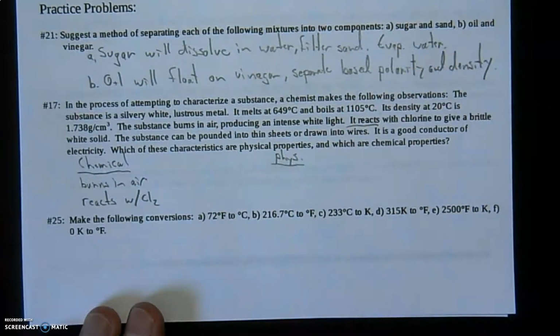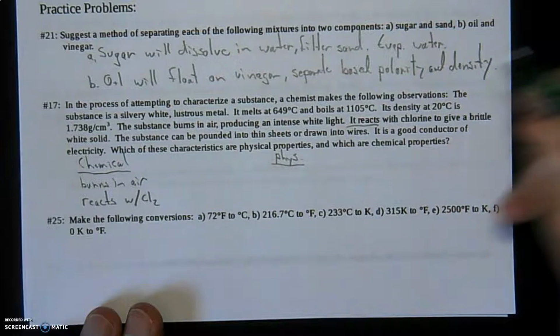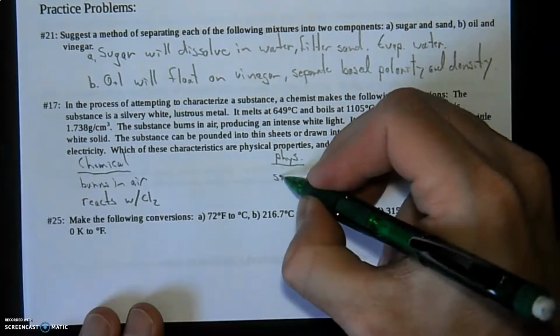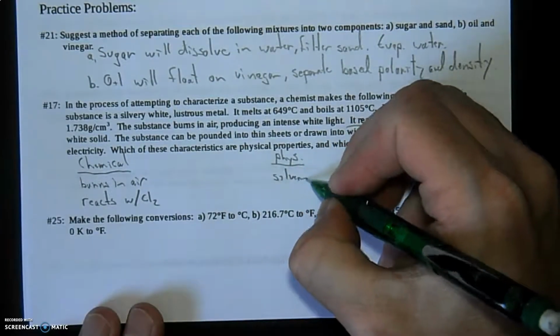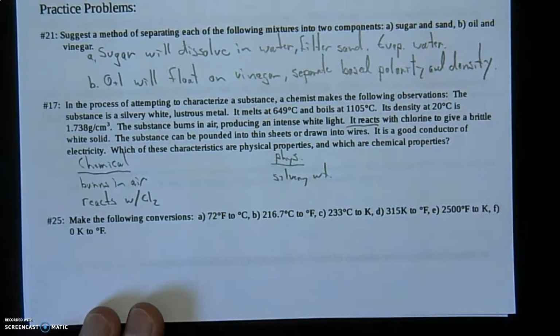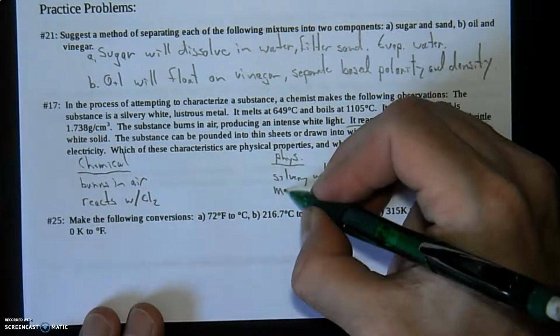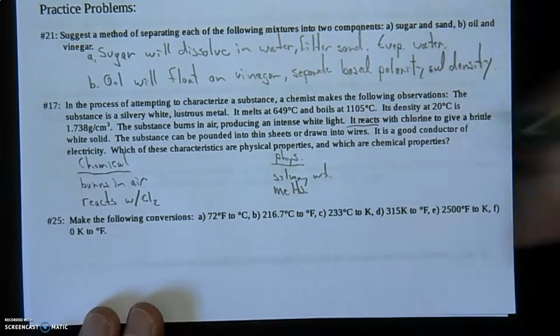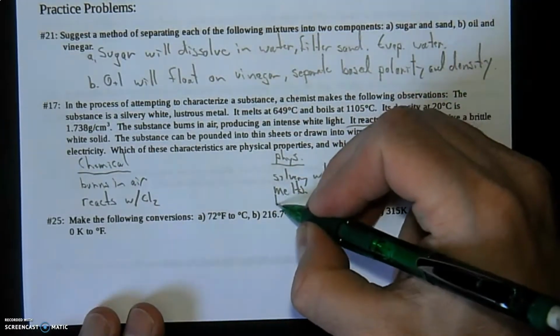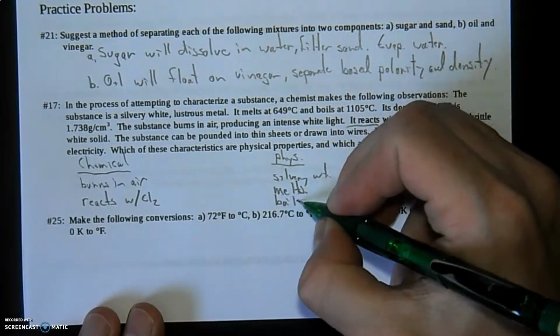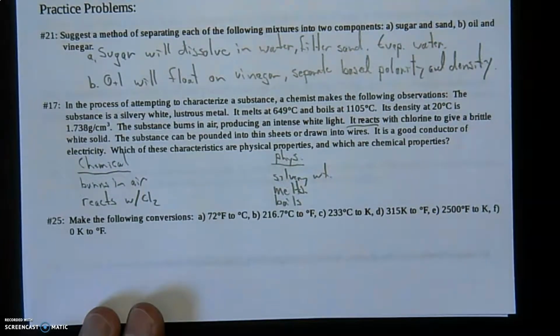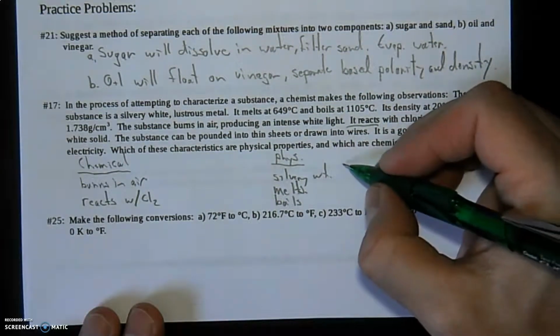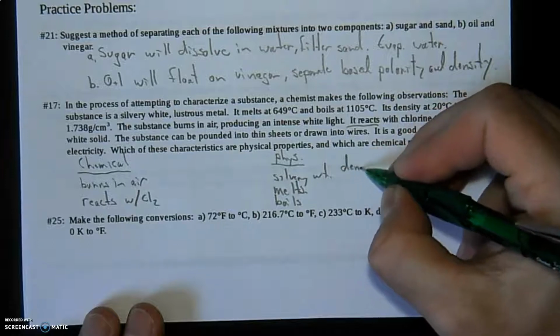And if we want to take a look at these and say, okay, which ones would that be? Well, it's silvery white. All right. It melts. I'm not going to put the whole thing down, but it melts at some temperature. It boils at some temperature. Another one we had on there was, I think it has a density.